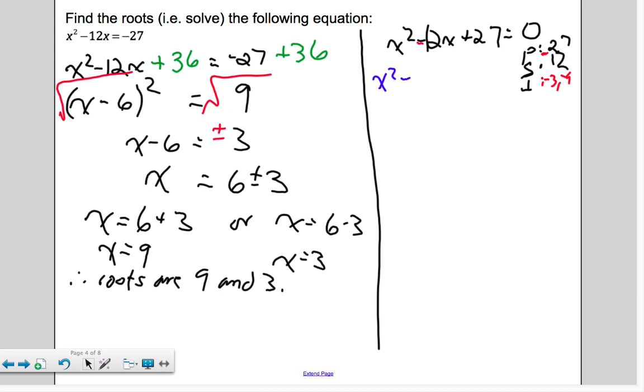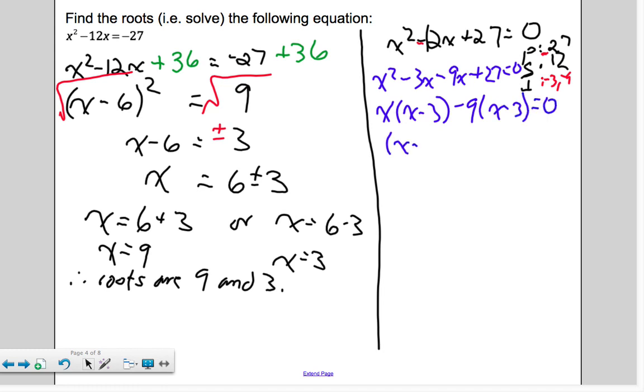So x squared minus 3x minus 9x plus 27 is equal to 0. Factor out x, so I get x minus 3. Factor out a negative 9, so I get x minus 3. So I have x minus 3, x minus 9 is equal to 0.